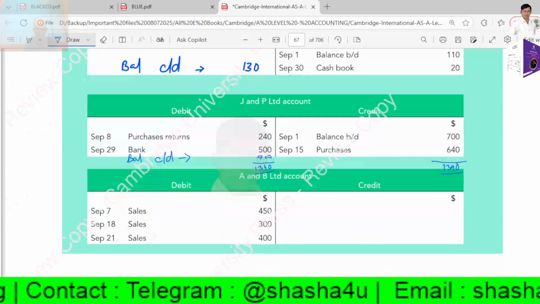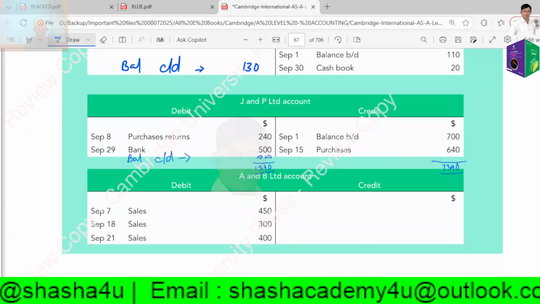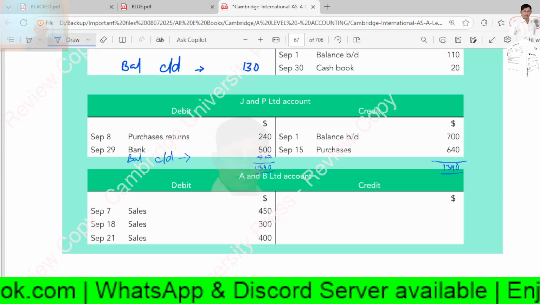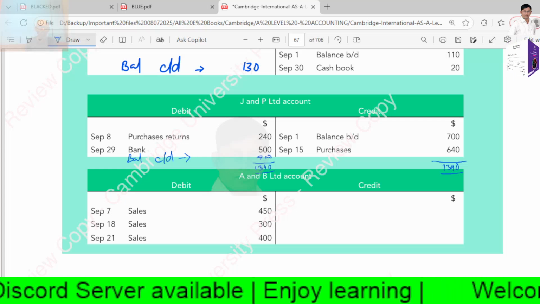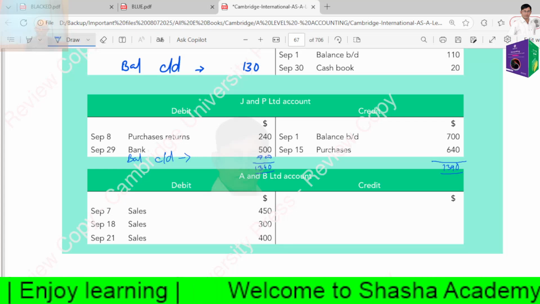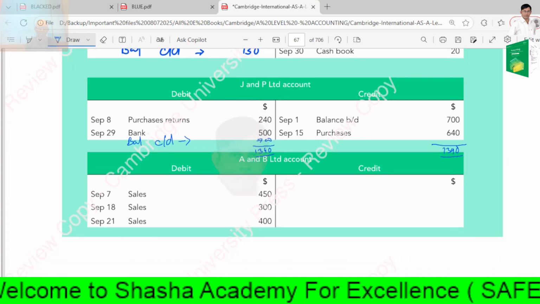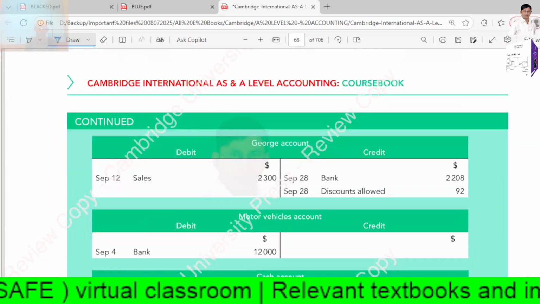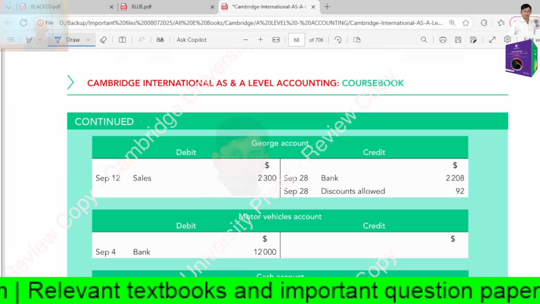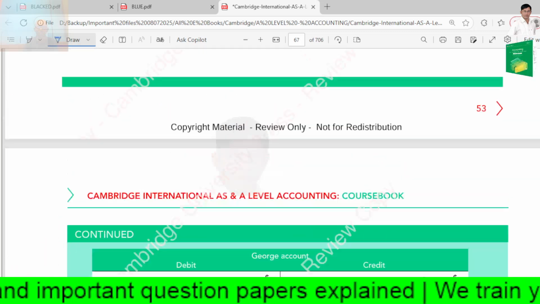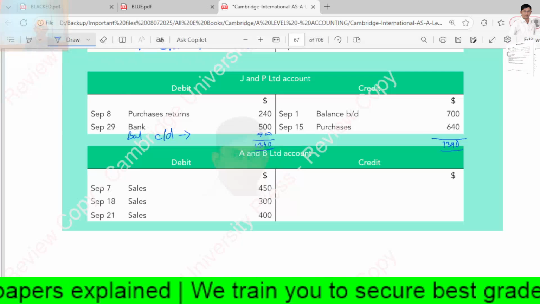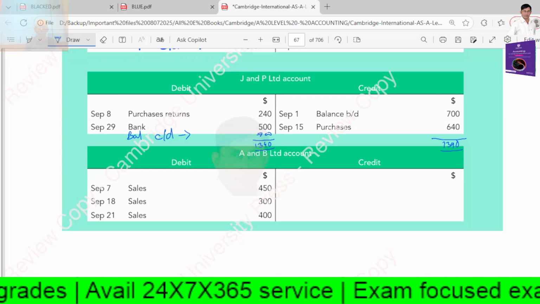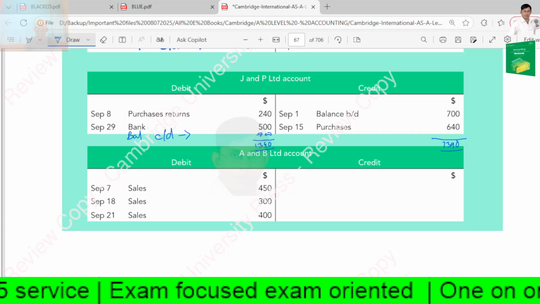Next, A and B Limited account, sales. We have sold to A and B Limited and have not received any money from them. So 700 plus 450 is 1150.